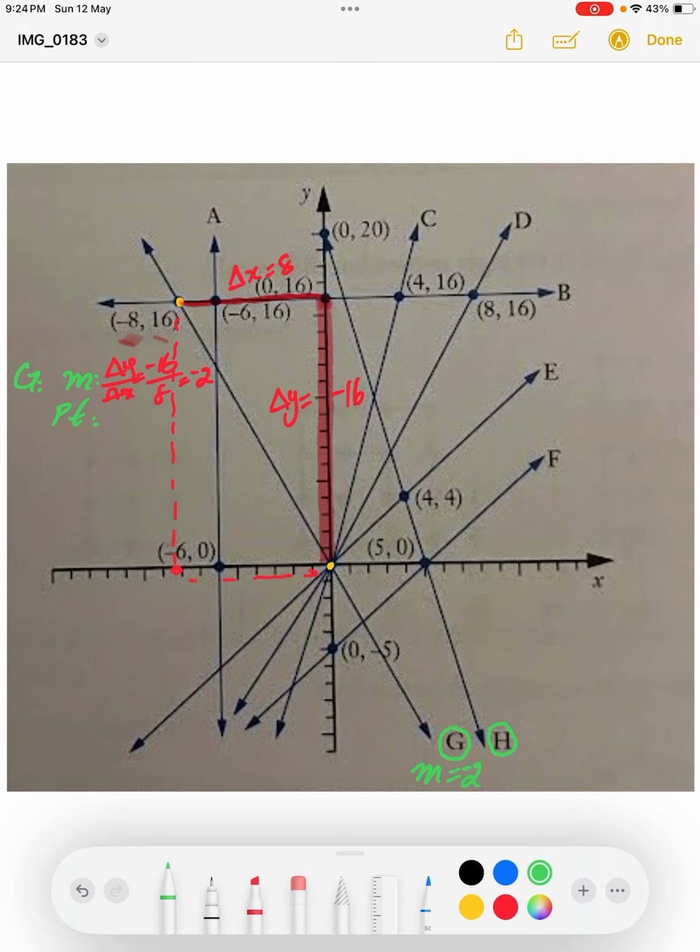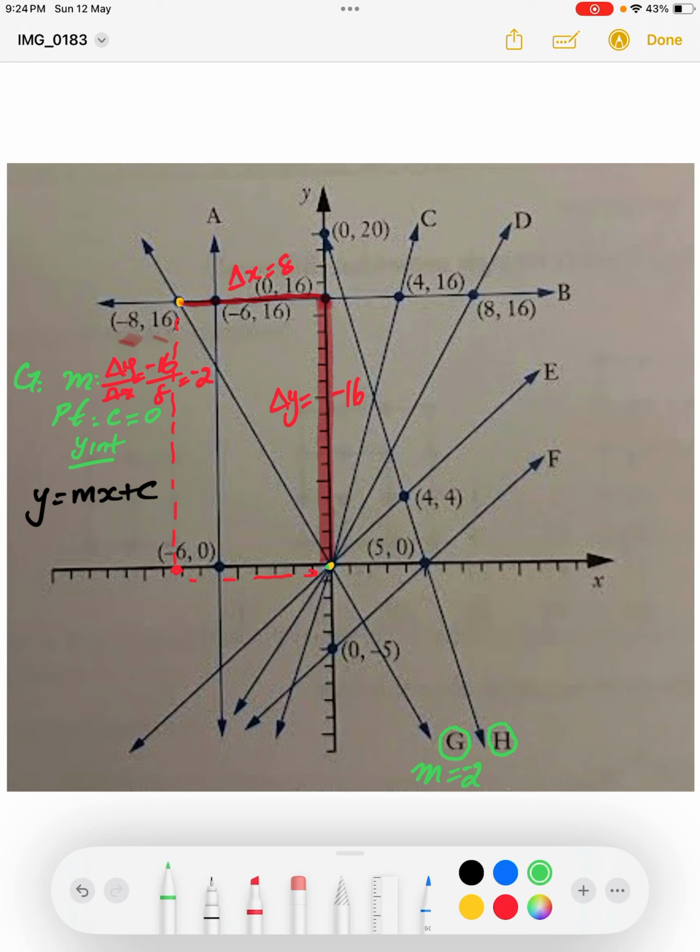Now let's look at the point, and I'm going to choose the point where it crosses the y-axis. We can see that c is equal to 0, and we say c because that's the y-intercept. Now we can use the equation y equals mx plus c.